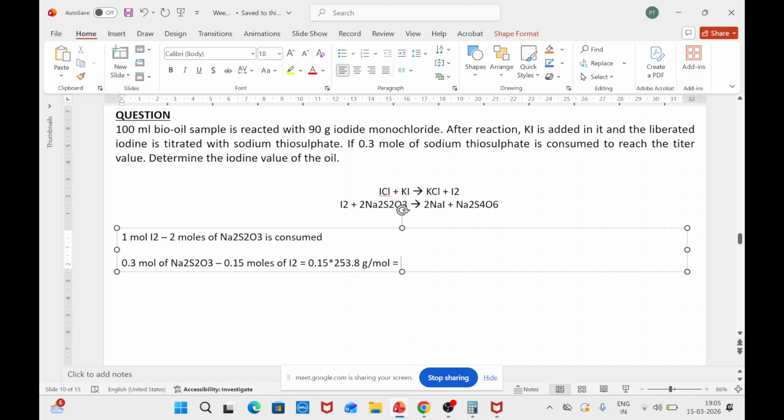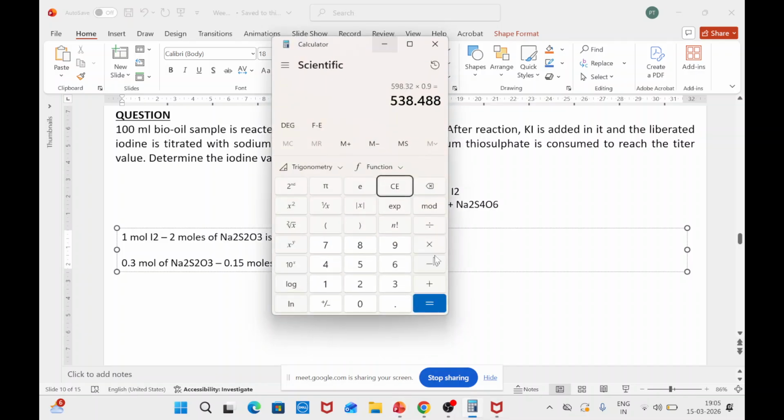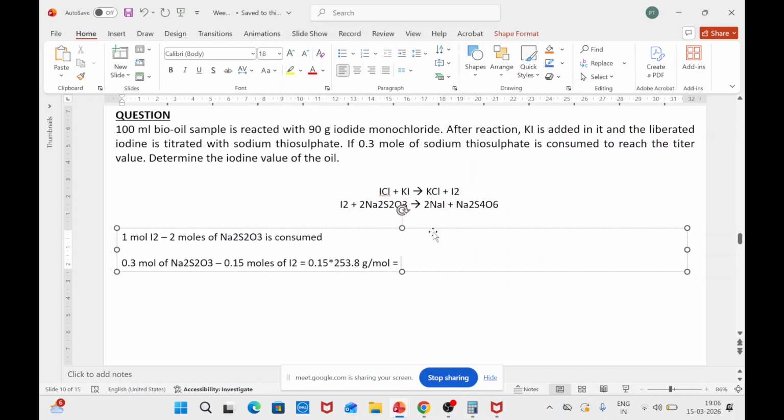So 0.15 times 253.8 is 38.07 grams of I2.